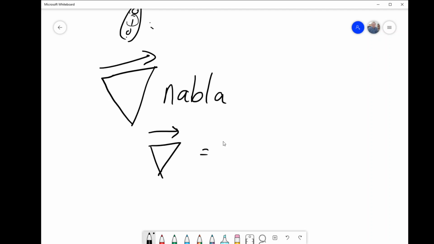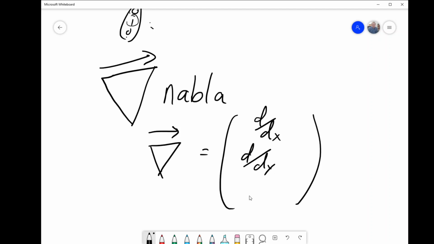This has no value on its own. It's actually an operator. The d's and the dx, the dy, these won't make a lot of sense if you don't have the context of calculus. Just bear with me. But this is a vector operator where the x component will find the slope of something in the x direction, the y component will find the slope in the y direction, and the z component will find the slope in the z direction.